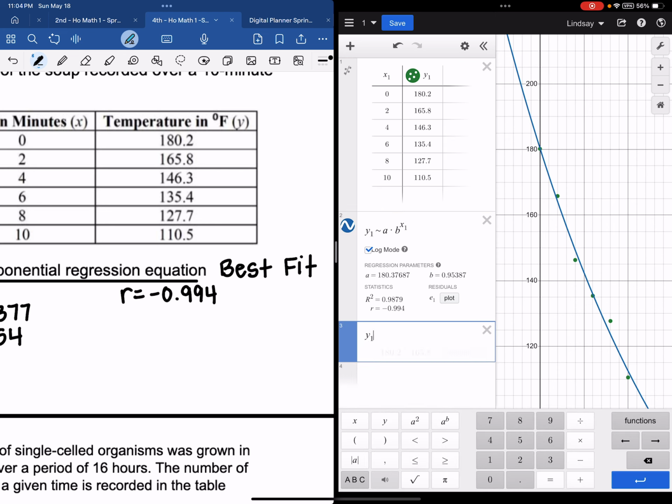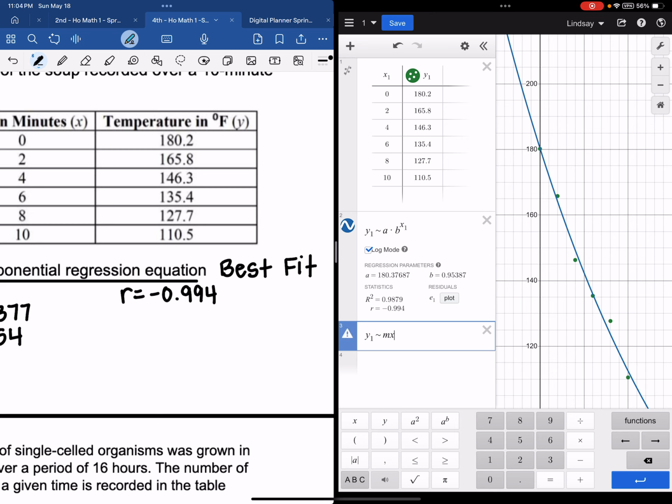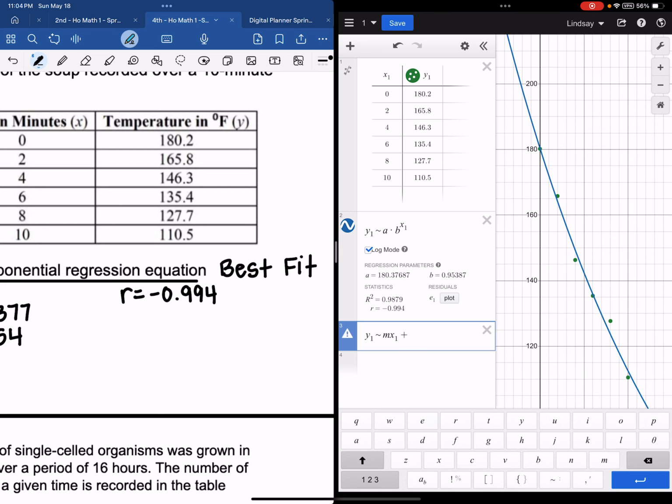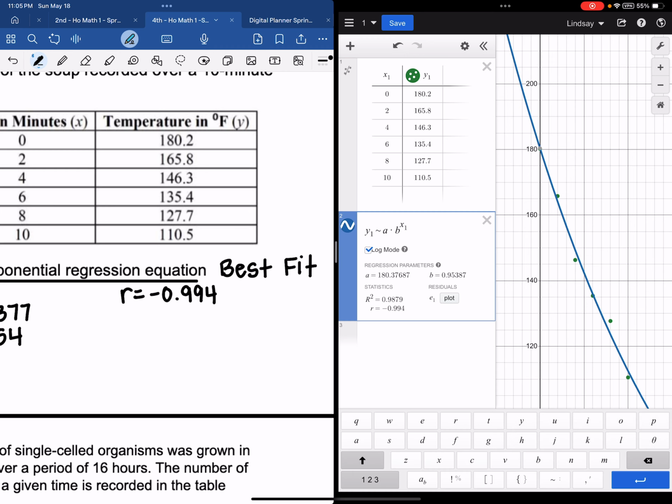Now, if I went back into linear and I did y1 squiggle mx1 plus b, you would notice that it does also have a good fit right here. They're both really close, 0.992 and 0.994. The exponential is just a little bit better of a fit, but not by much.